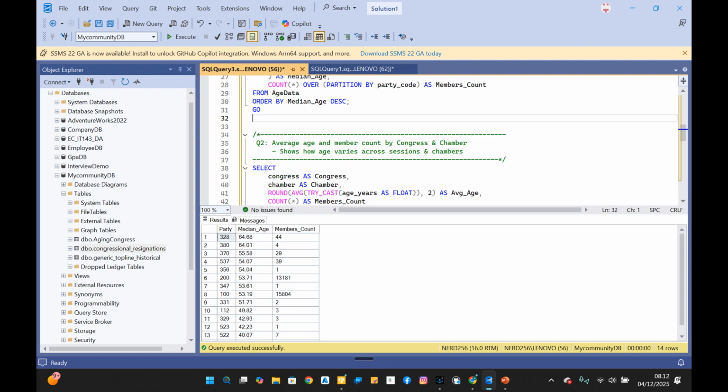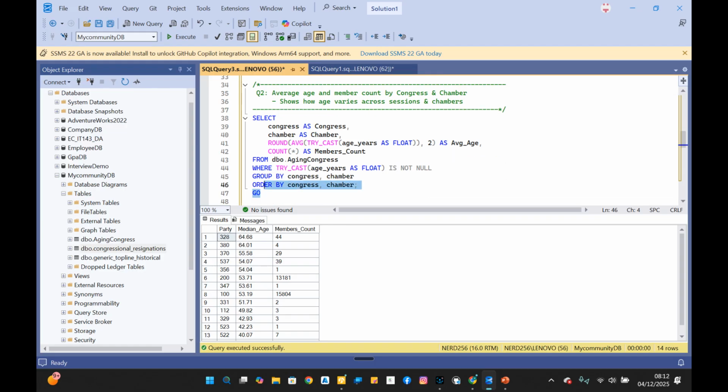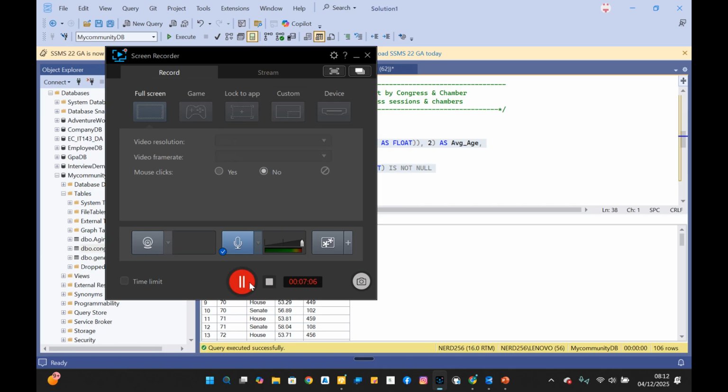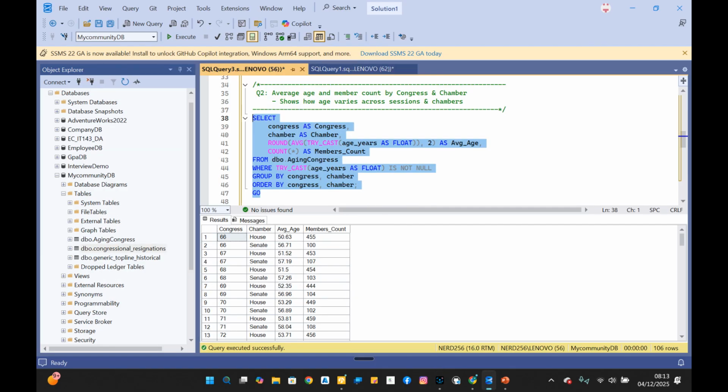The second question is average age and members count by Congress and chamber. This one shows how age varies across session and chamber. So if I run this, the second question focuses on average age and members count, like I said.